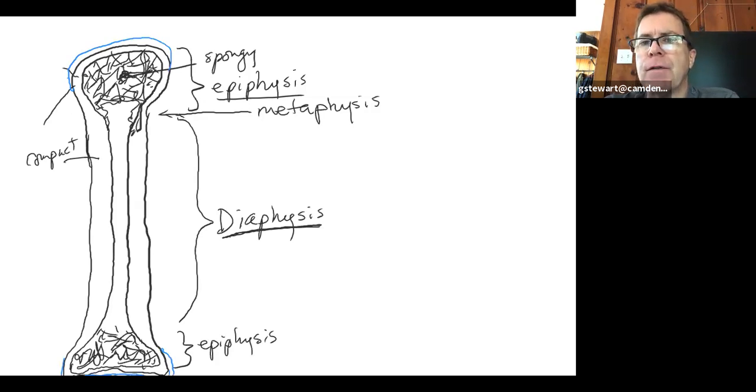The center of the diaphysis is filled with, in an adult, yellow marrow, but the cavity itself has a name. This cavity is called the medullary cavity.